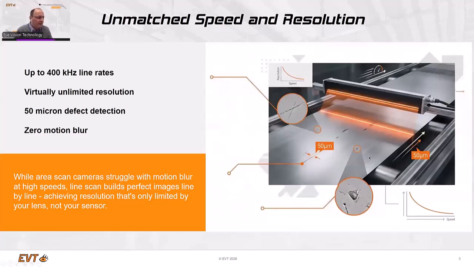So here we have this foil production. Maybe it's aluminum foil with small defects on it, or it could also be a plastic foil or woven material. The real advantage, as I mentioned before, is that the line scan camera has a much higher rate of capture for each line, up to 400 kilohertz.